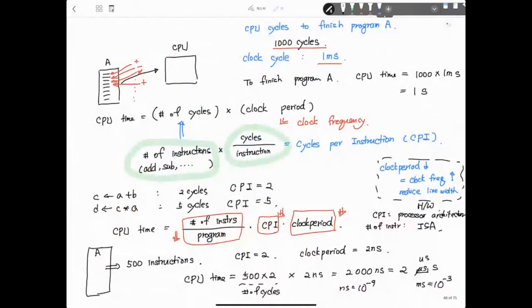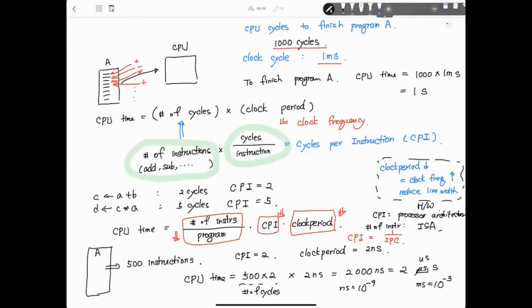CPI and IPC, are they the same thing? It's opposite. It's inverse. CPI is 1 over IPC. CPI means to execute one instruction, how many cycles are required.